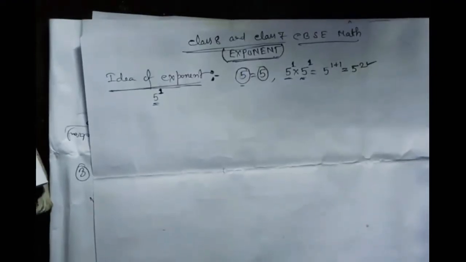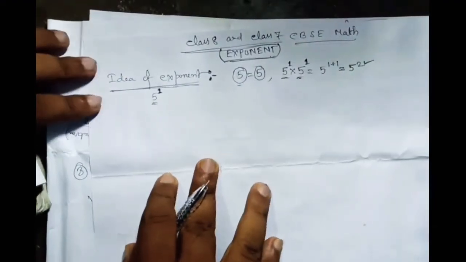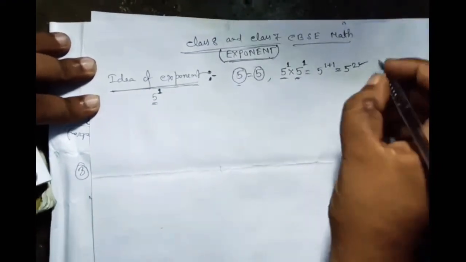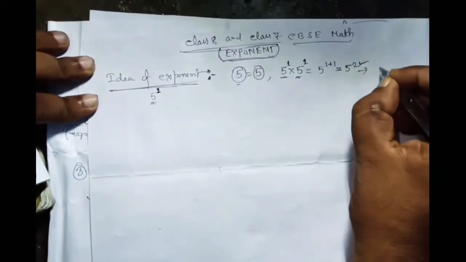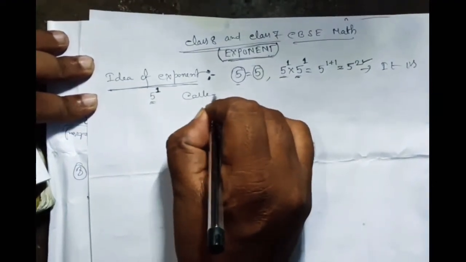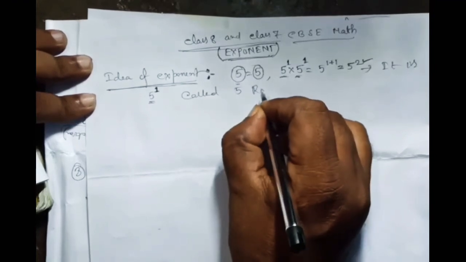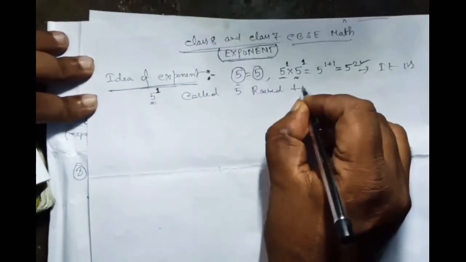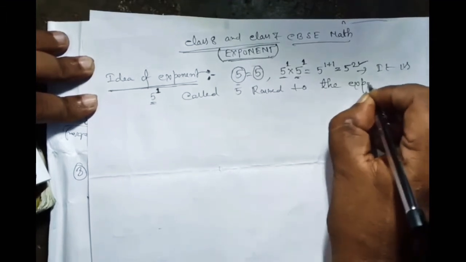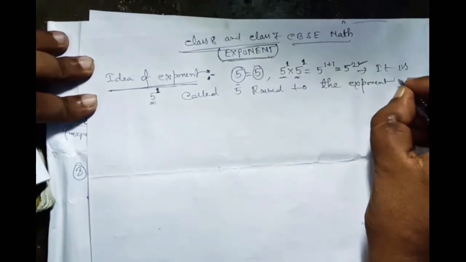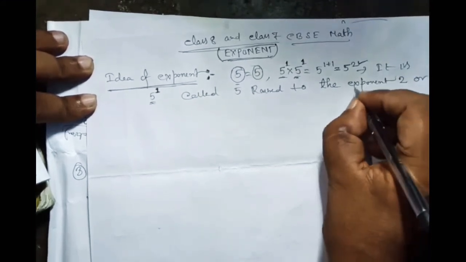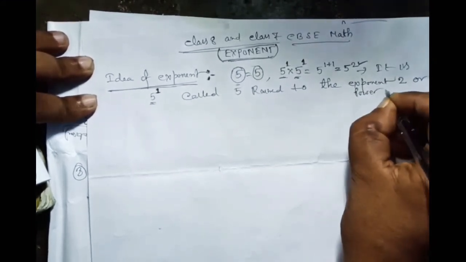Understood? It is called 5 raised to the exponent 2, or power 2.